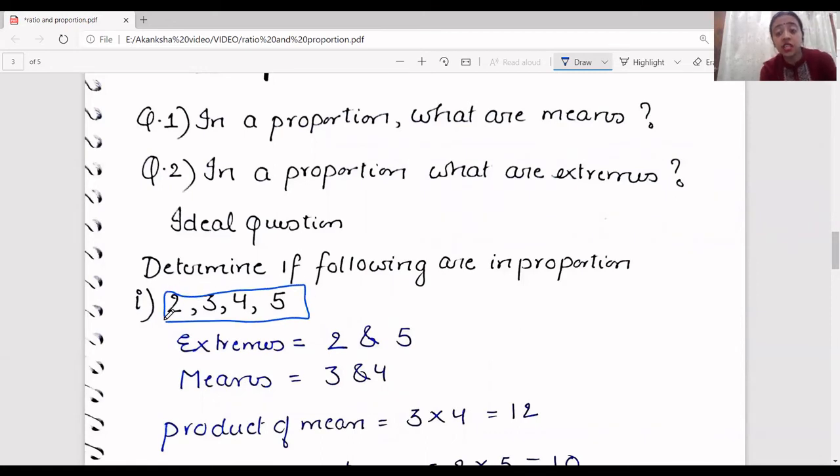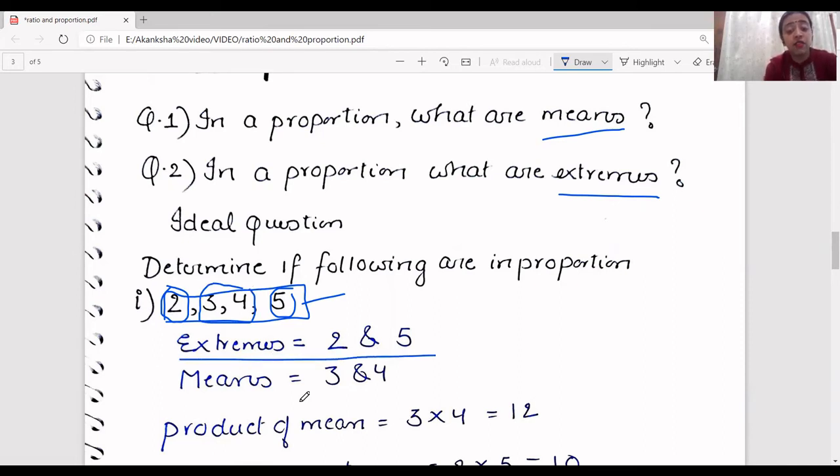And the question is, are they in proportion? You have to first understand the two terms, means and extremes. In these 4 numbers, the 2 terms at the ends are extremes, and the 2 terms in the center are means. So extremes are 2 and 5 and means are 3 and 4.